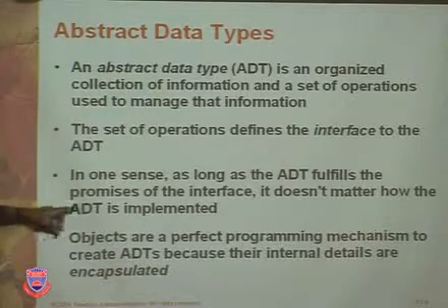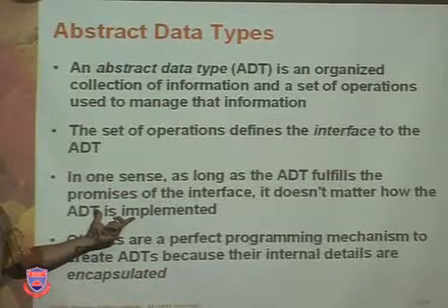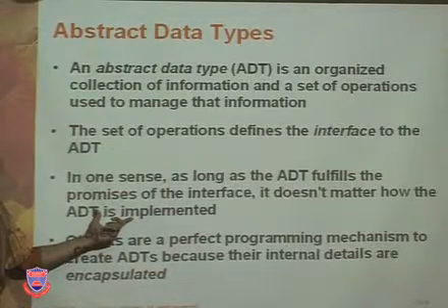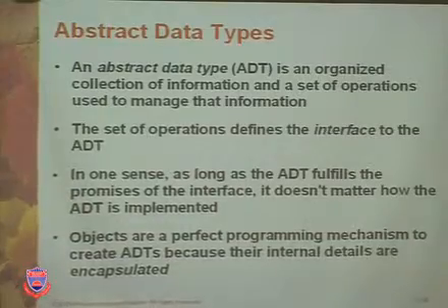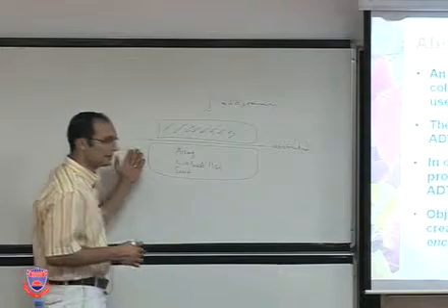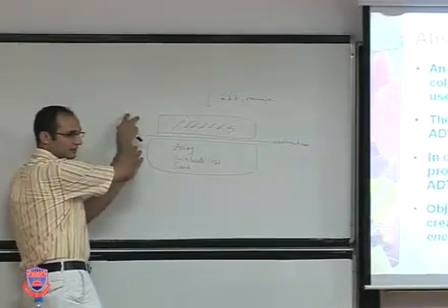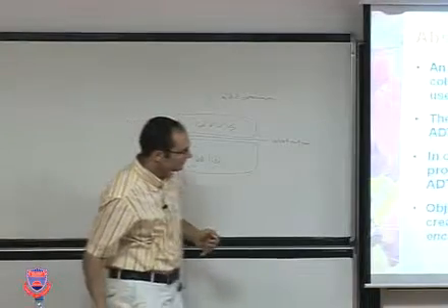As I said earlier, how the ADT is implemented is not a concern for the user, but rather how he or she can access these features is what matters, and that's abstraction again. So you have the ADT implementation here. However, ADT methods are on this part of the hierarchy.